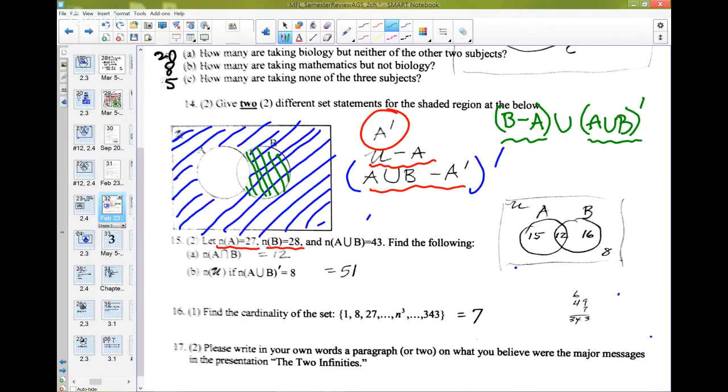But again, I really don't expect you guys to do this. All I'm trying to say is there are all kinds of ways to come up with that blue shaded area. And the fact that you can do it in more than one way tells me that you are getting these operations and you're getting a little bit better at how to state that in more than one way.